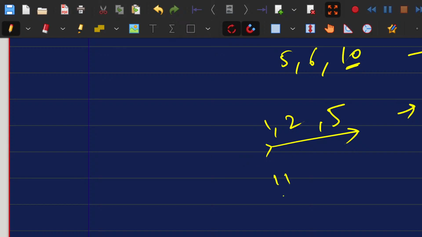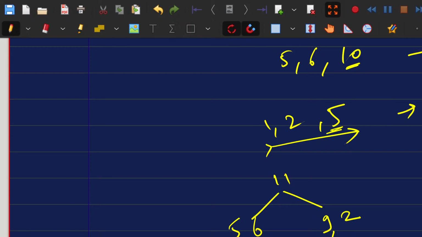Let's say 11. We choose 5 from here, it becomes 6. We don't choose 5, it becomes 9. Again we can choose 5 here, remains 1. We don't choose 5 here, it's 4.